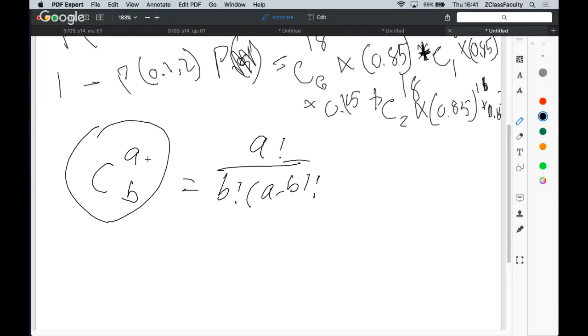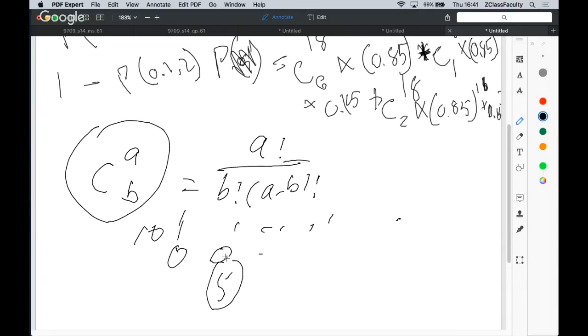If you have, for example, 10 basketballs, it doesn't matter if they are the same or not, and I take 5 from them, I can take this one, that one, this one, and that one, or I can take this one, this one, this one, that one.